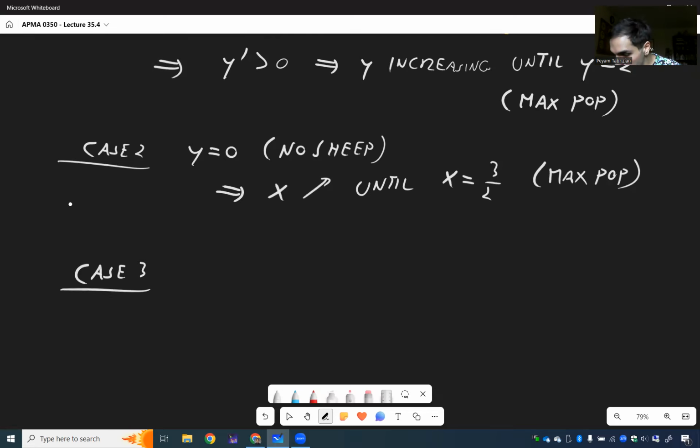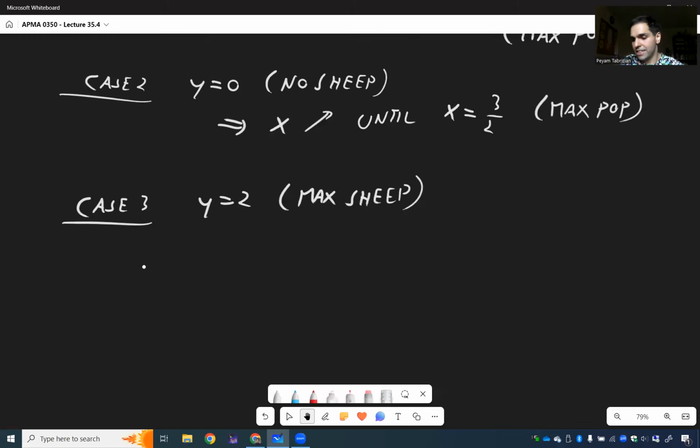So let's assume y equals 2. So max sheep, or in other words, sheep reach the carrying capacity. Then our differential equation in this case becomes x prime equals 3x minus 2x squared minus x times 2.